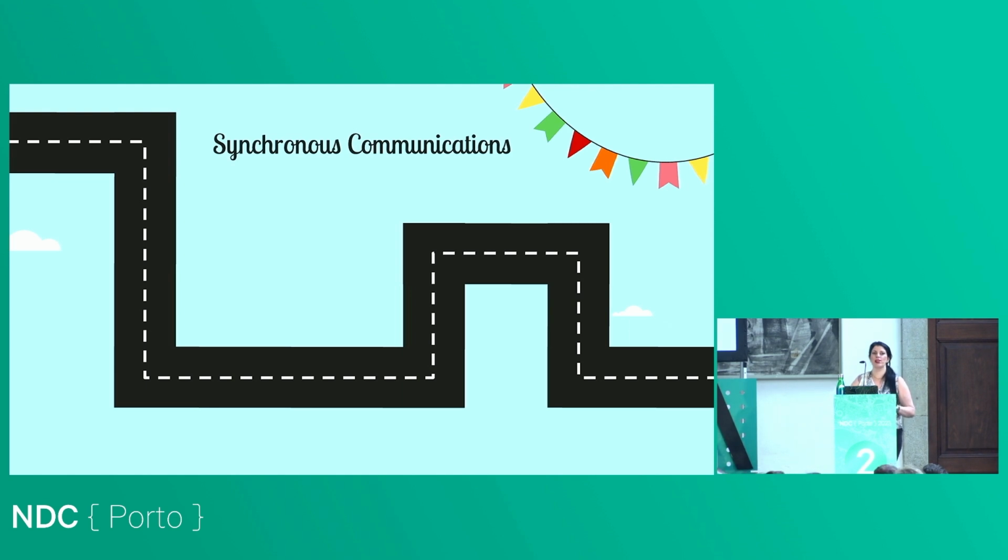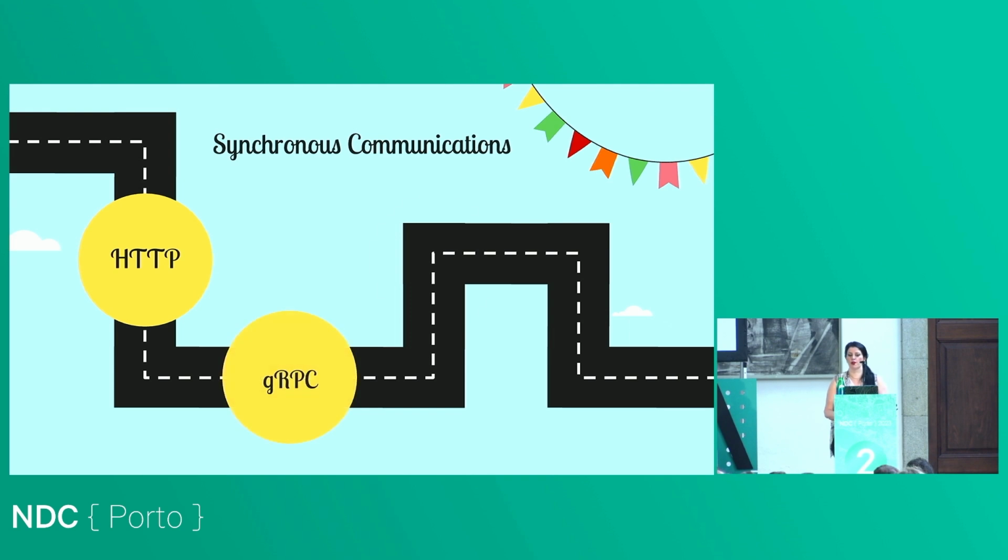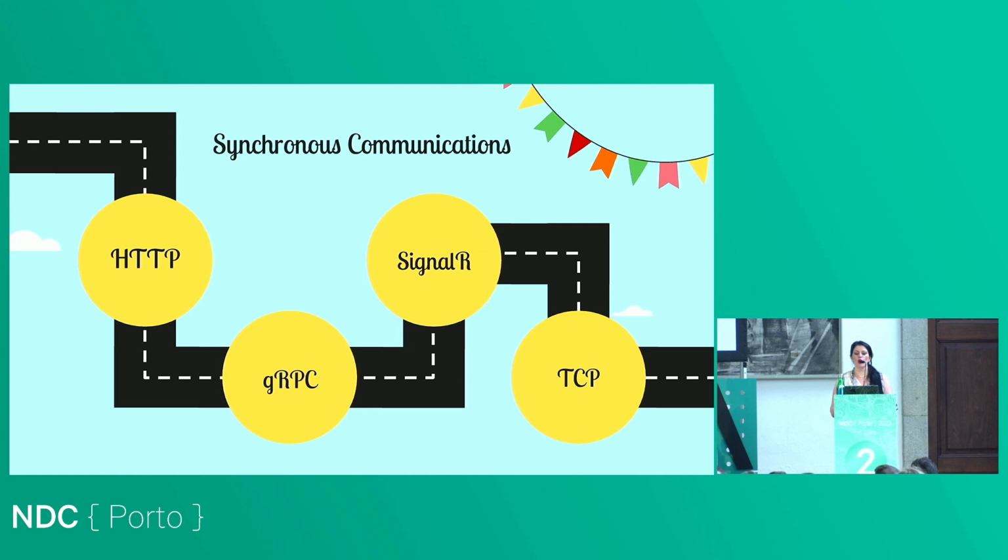If you wanted to talk about that, you need to go to Brandon's talk right now, but don't, because you want to stay here and listen to me. We're talking about the process of request response. So HTTP, gRPC, SignalR or WebSockets, TCP, all of these things are considered synchronous. You send a request, you expect a response, okay? You have this two-way communication.